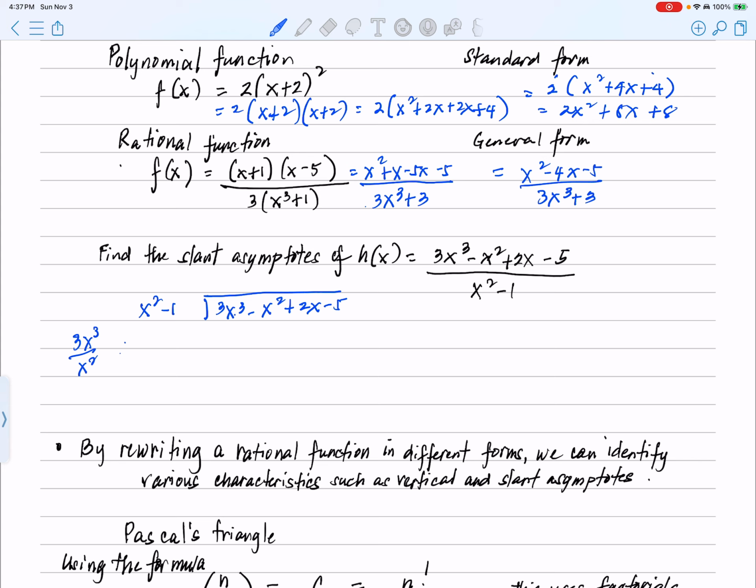So we have 3x. So multiply back: 3x times x squared, that will be 3x cubed. 3x times negative 1, that's negative 3x. There's a space under x squared because we have no x squared there.